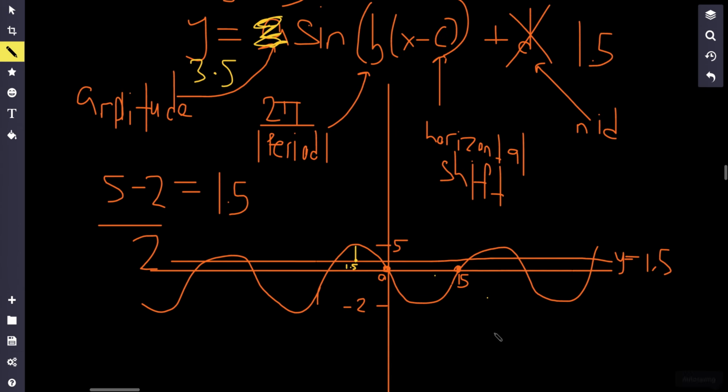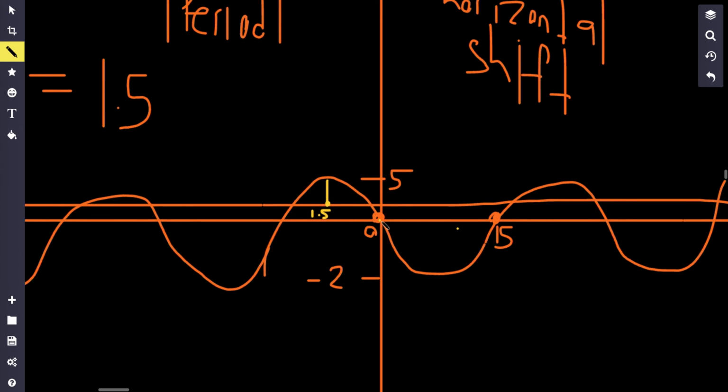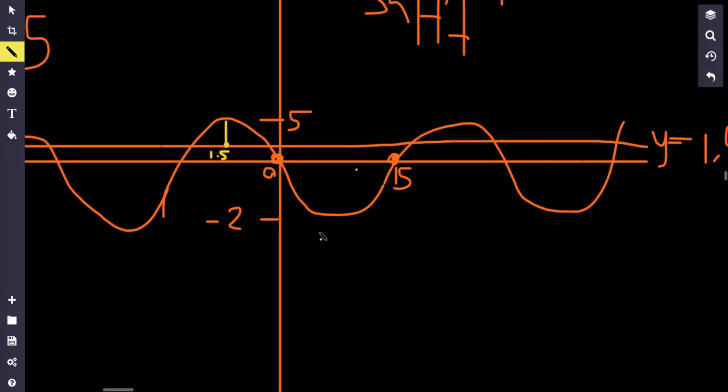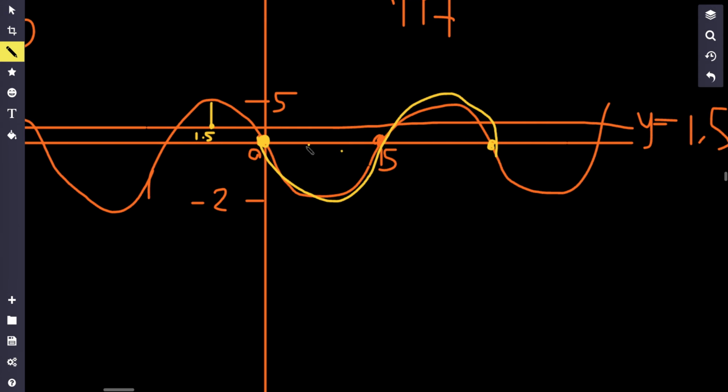Now, what's the period of our function? Remember, the period represents when you complete one cycle. Right over here, this looks like it completes one cycle. We're back at the same spot, heading in the same direction. However, the problem is that we don't know what this point is. But what we do know is that halfway through, we go to 15.